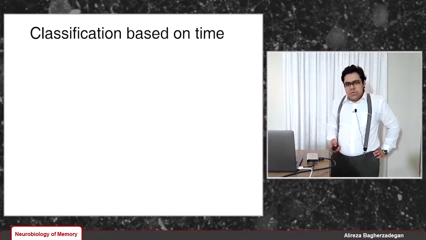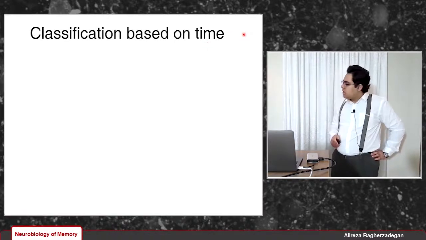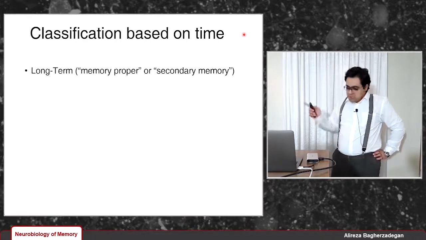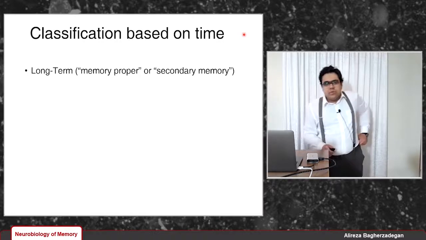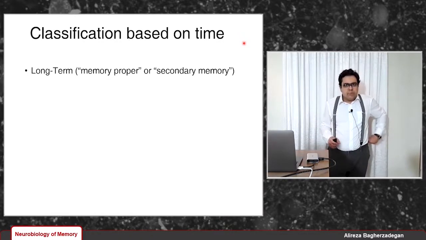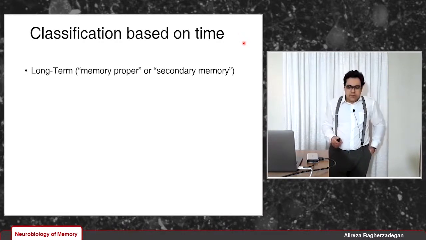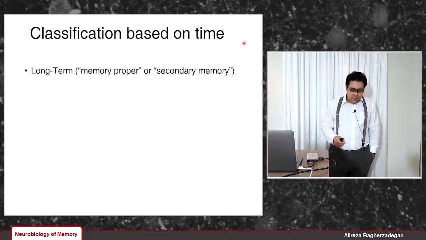Let's elaborate more on the classification based on time. So we have long-term memory. Long-term memory is basically the type of memory that comes to our mind when we generally speak of memory. It was called memory proper or secondary memory by William James, the father of American psychology.